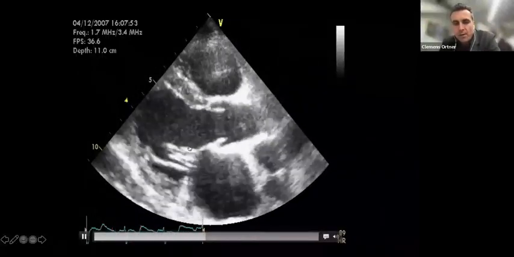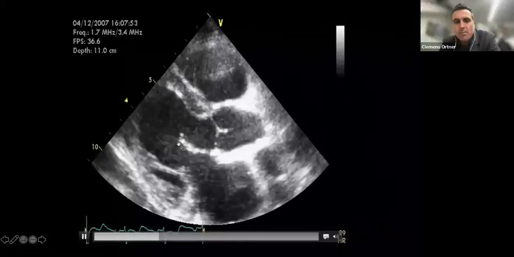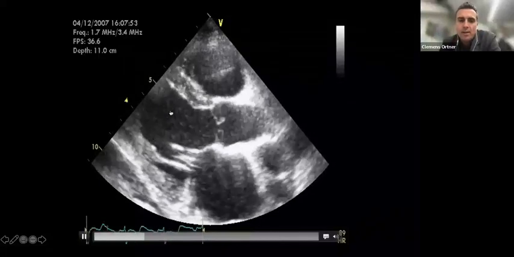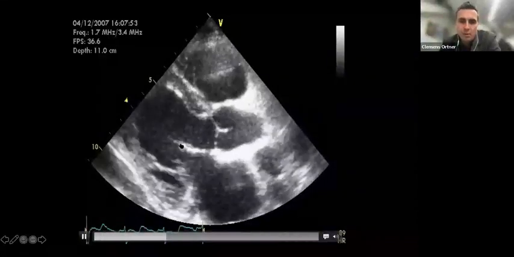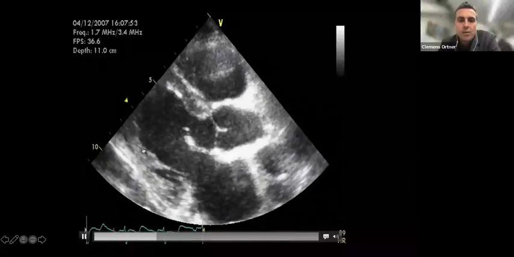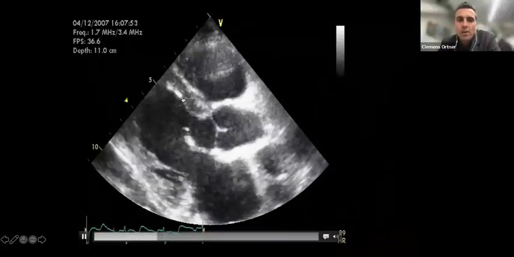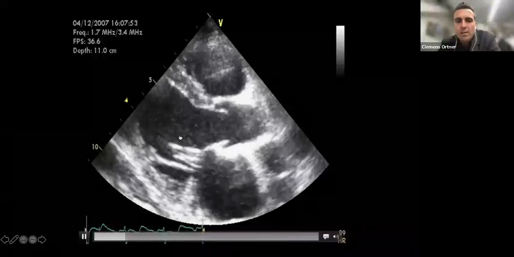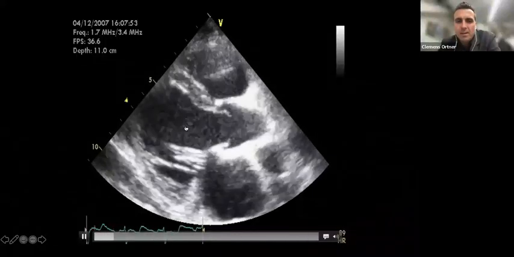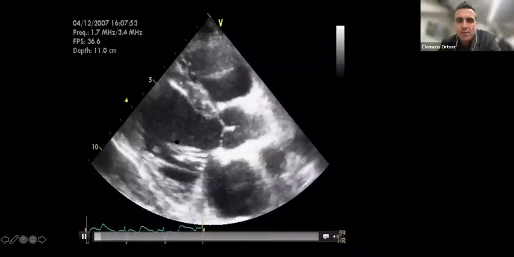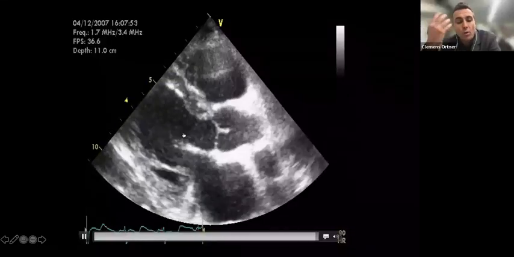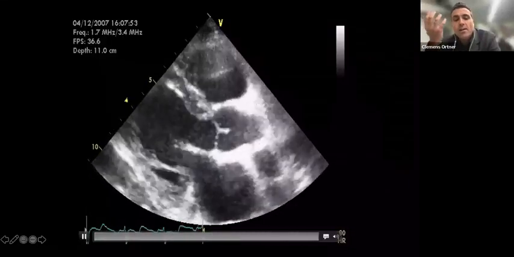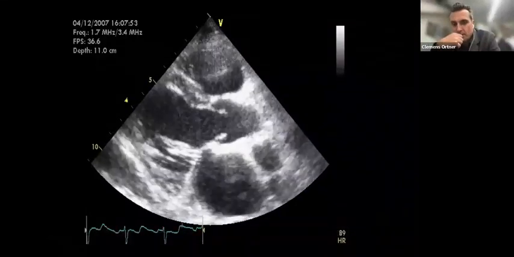It's called mitral septal separation. In a healthy heart with low left ventricular end-diastolic pressures, the anterior leaflet is really bouncing through the septum, more or less touching the septum. Here you see a significant distance between the anterior leaflet and the septum. That's an indicator of also reduced systolic function.